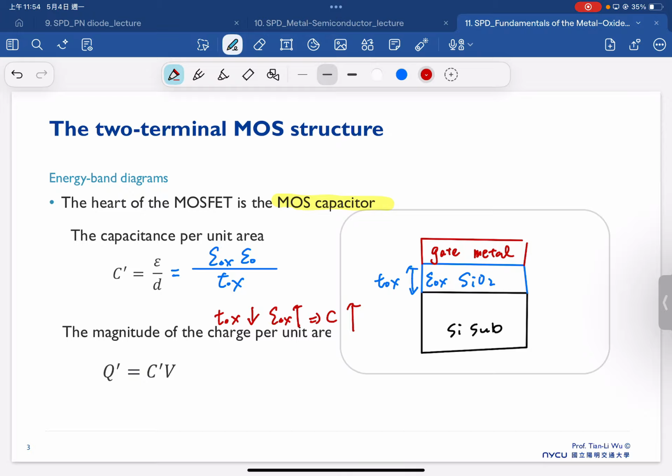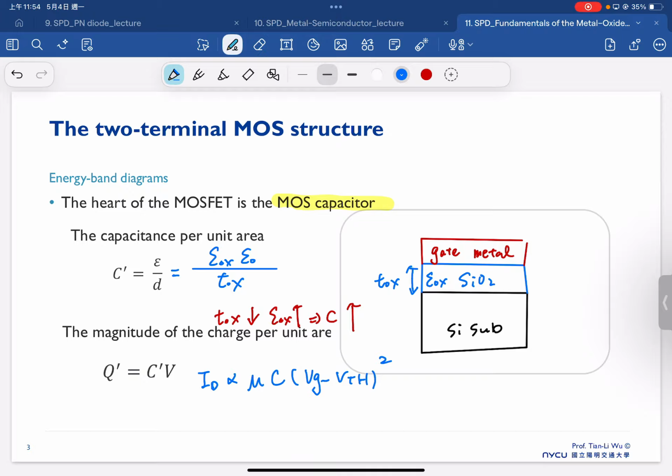But why is this high capacitance value crucial for us? Because the current equation, which we haven't derived yet, is proportional to the mobility, to the capacitance, to (Vg minus Vth) squared.